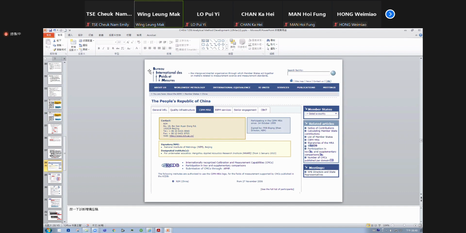In China, here is the address. The BIPM is the organization recognized in the People's Republic of China. Where is the metrology lab?